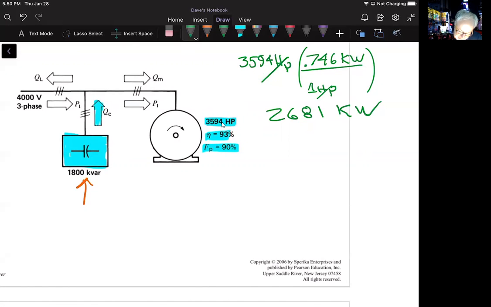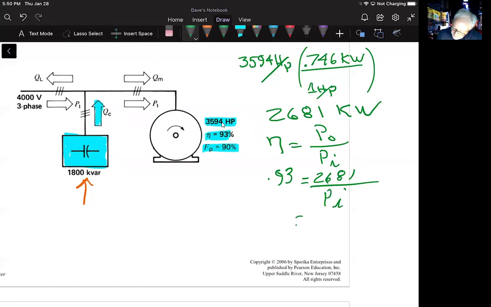What is the active input to the motor? Okay, well, this is beautiful here. It has an efficiency of 93%. Power out, power in. So the power into this motor and the power out of the motor: we know the output, it's 2681, and the power in is what we don't know, but we know the efficiency.